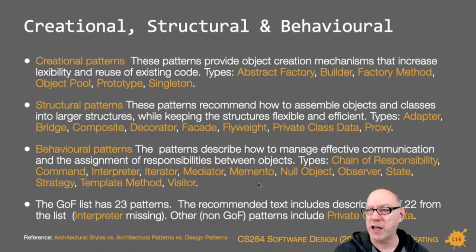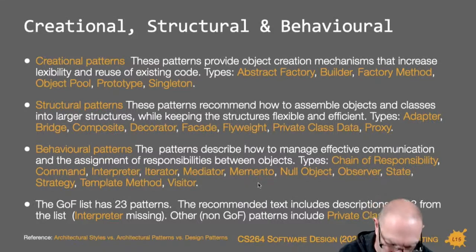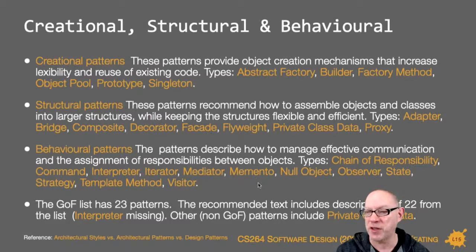So we have abstract factory, builder, factory method, object pool, prototype, singleton. These are all examples of creation. We have structural patterns, and they recommend how to assemble objects and classes into larger structures while keeping the structures flexible and efficient: adapter, bridge, composite, decorator, facade, flyweight, private class data, and proxy. We have the behavioral ones.